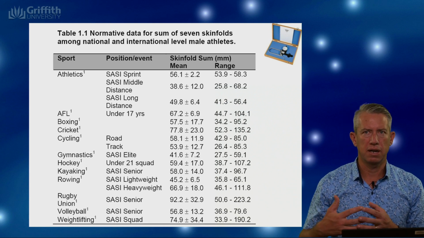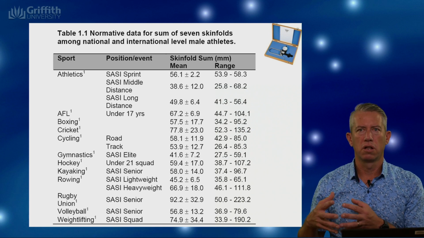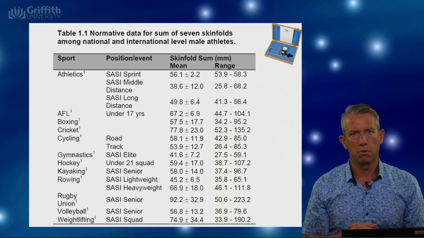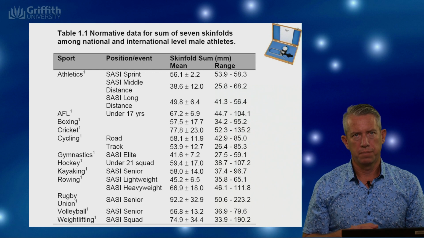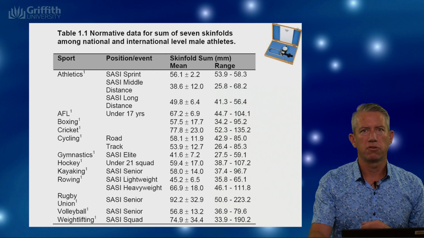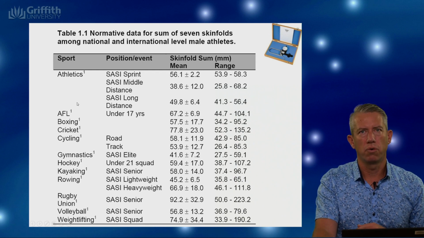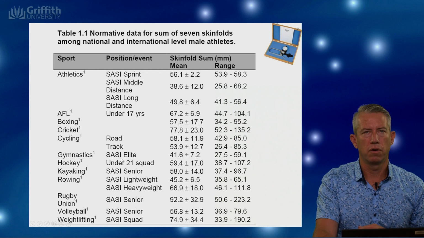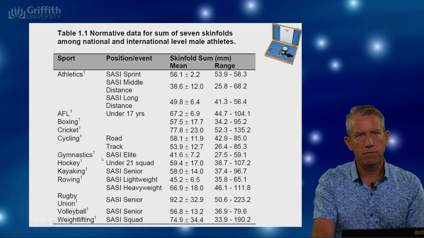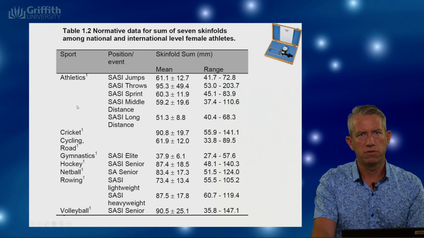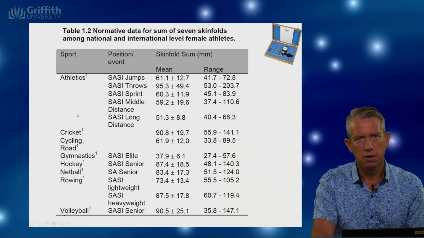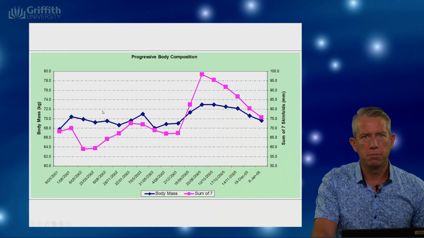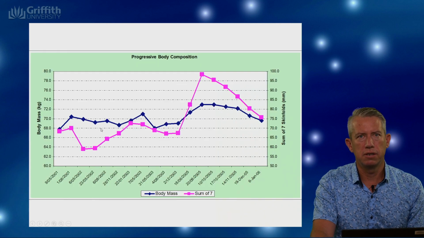So the anthropometric characteristics are not closely aligned necessarily with performance. Whereas other sports, you have much tighter controls over the range of body mass. This is some female data, which you can press pause on and have a look if you're interested. But as I said, we're probably more interested in the serial measures of an individual.